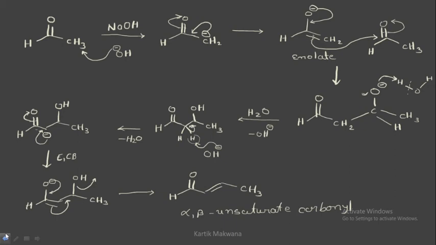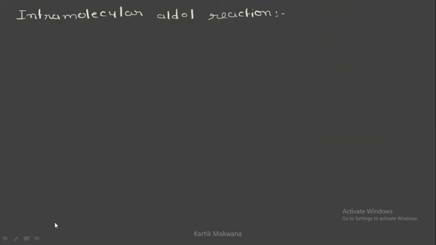There are two aldehyde or two ketone molecules, and two different ketone or two different aldehyde molecules will be condensed and we will get the product. Now we have a single molecule, and the aldol reaction will be performed on the single molecule and we will get the product. And here the ring formation will occur.